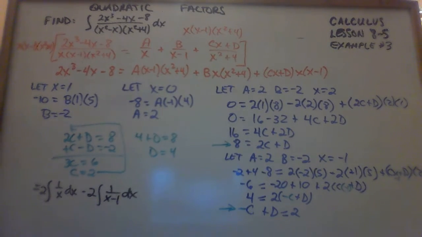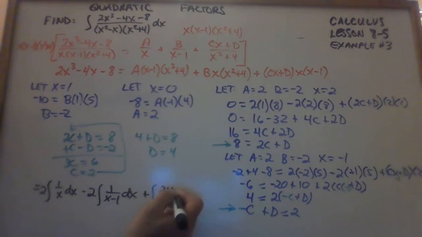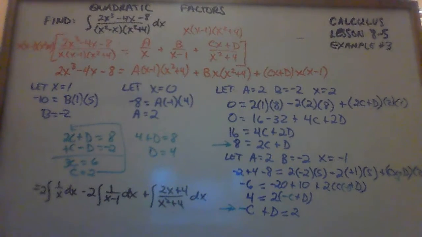And then my next step is going to be plus the integral of 2x plus 4 over x squared plus 4 dx. Okay. So I just got to integrate these separate pieces here.